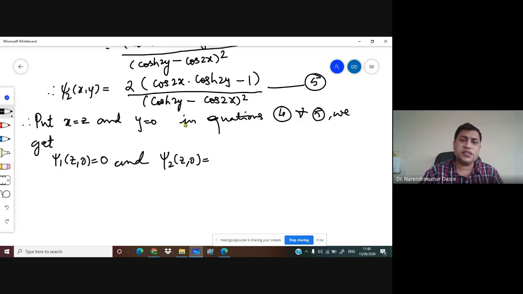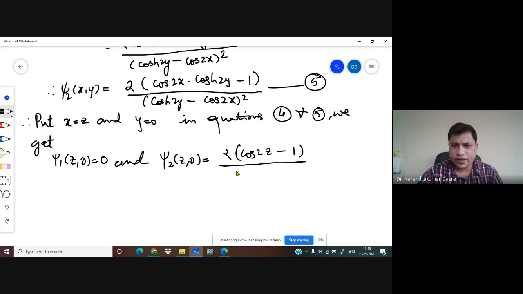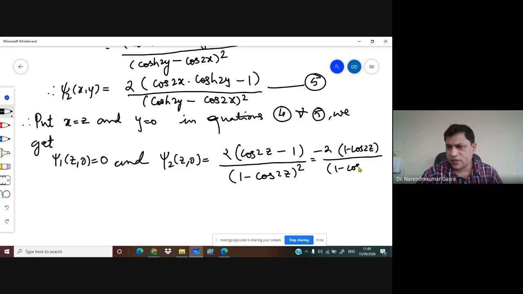So what is going to be psi 2 of z0? This is going to be 2 times (cos of 2z and minus 1, since cos of 0 is 1), so here we have 1 minus cos of 2z whole square. So we can write this as minus 2 times (1 minus cos of 2z) upon (1 minus cos of 2z) whole square.